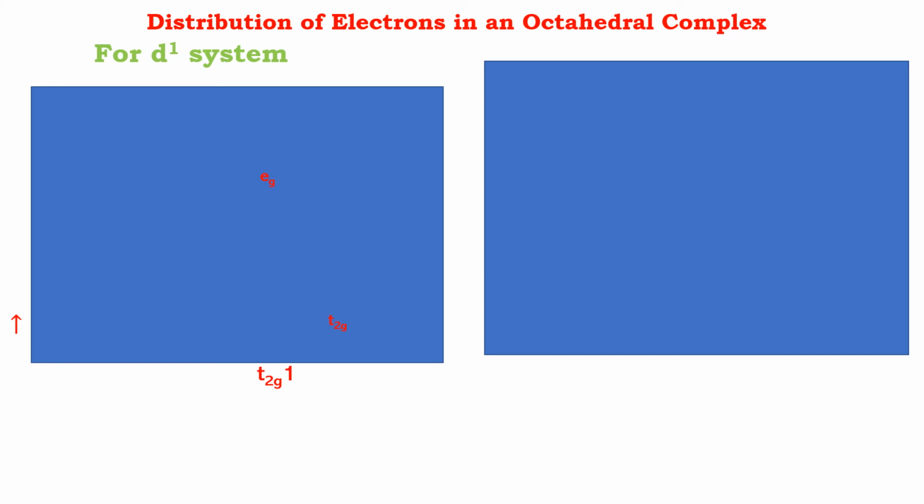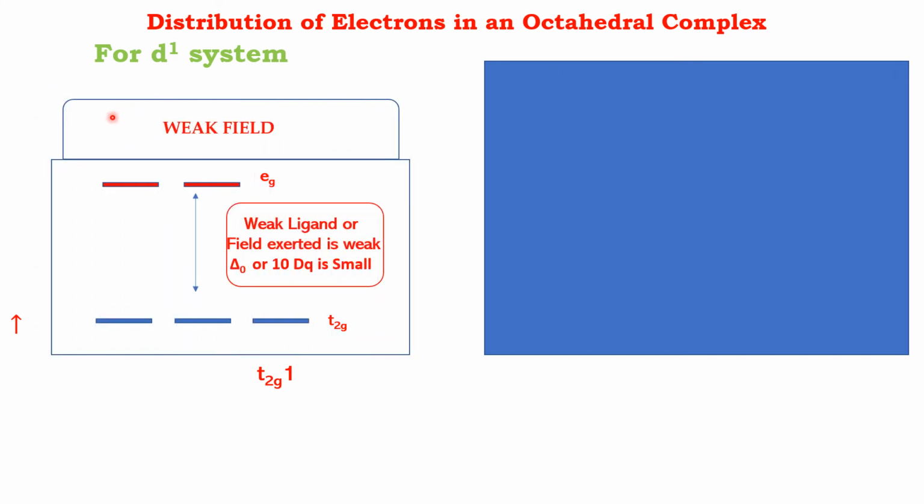Now we see for a d1 system how the electrons are entering and how we could calculate the crystal field stabilization energy for a d1 system. See here, for a d1 system we have a weak field environment.